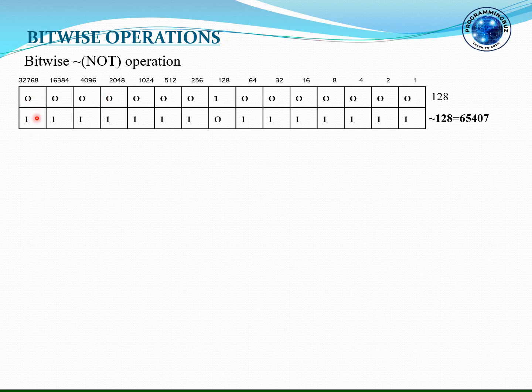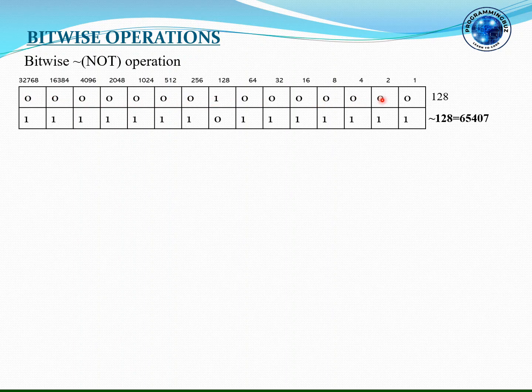But in case of NOT operation, NOT of 0 will be equals to 1, which will change the answer for 0 input. So hence we have to keep the left hand side numbers as zeros.